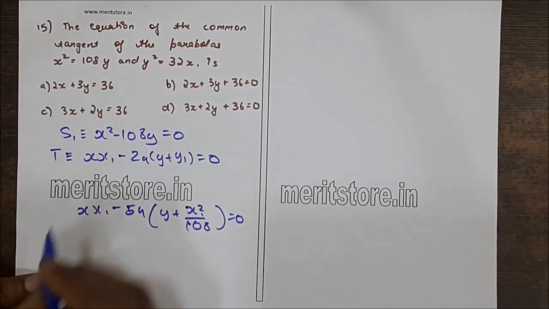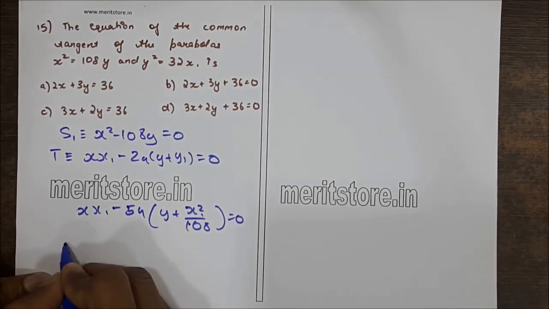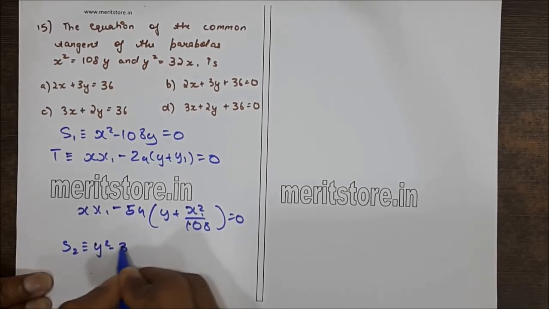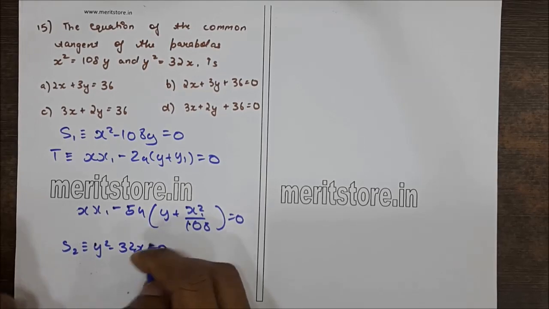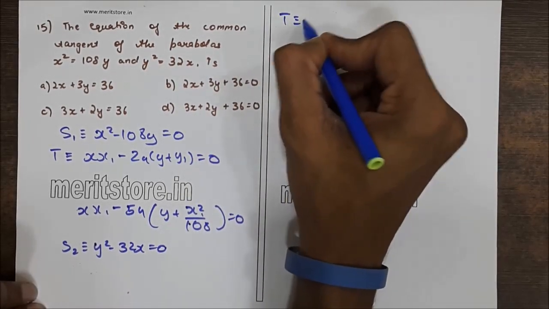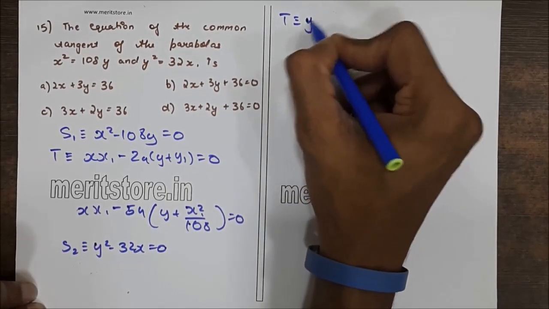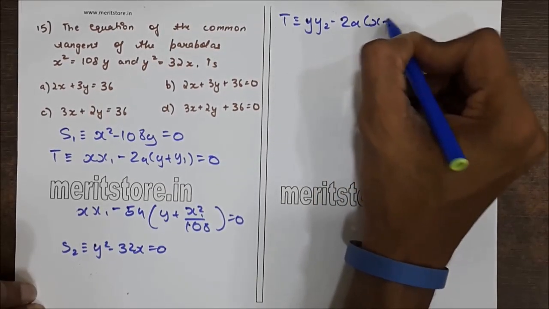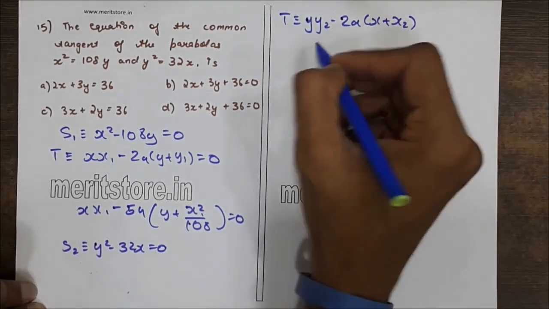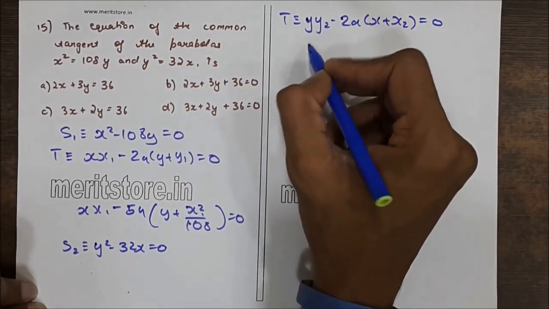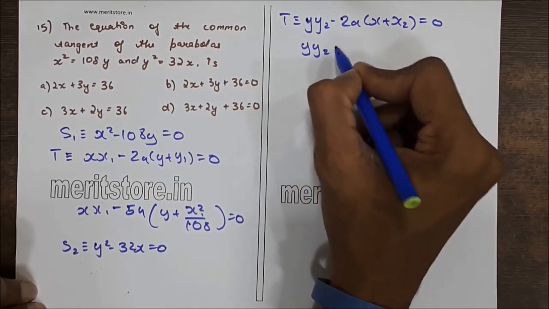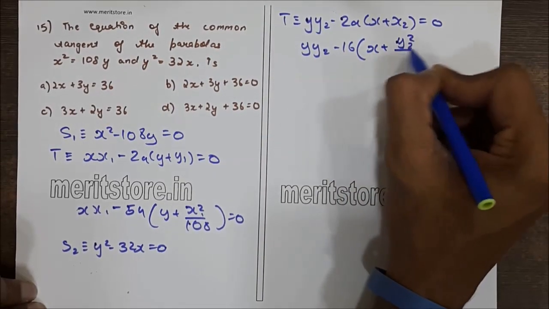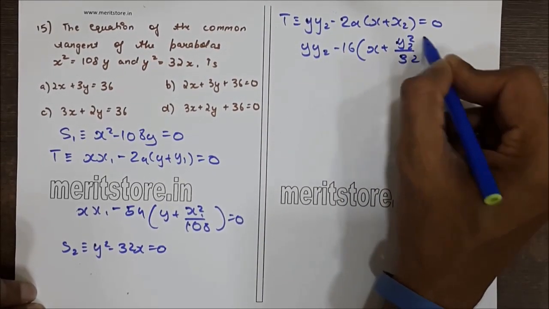So we have the second equation, which we take as S2: y square minus 32x equal to 0, which can be written as y into y2 minus 2ax plus x2 equal to 0, which can be written as y2 minus 16x plus y2 square upon 32 equal to 0.